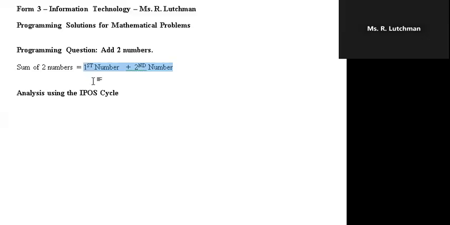Now in IT class, we also learned about variable names. The first thing is that it had to be descriptive, which sum of two numbers is, but no spaces. So let me take that out. And each word starts with a capital letter. So we have SumOfTwoNumbers equal to first number.